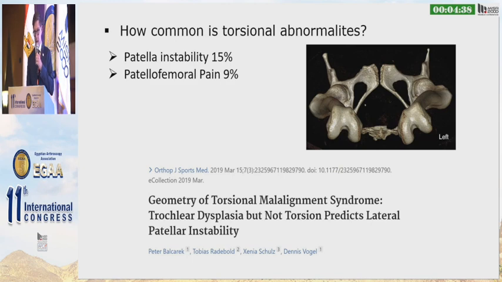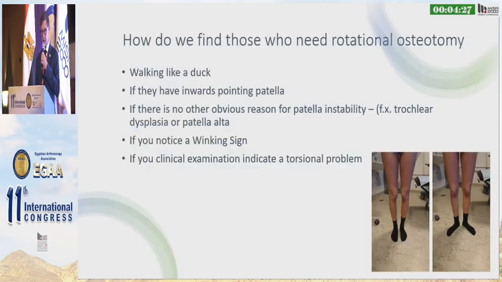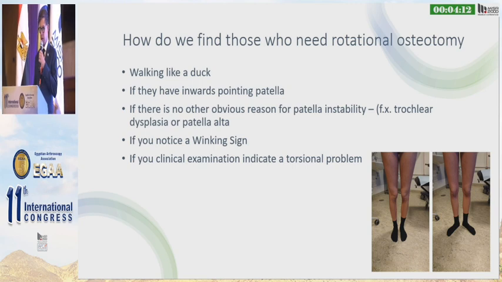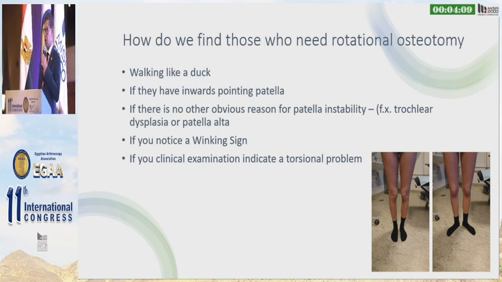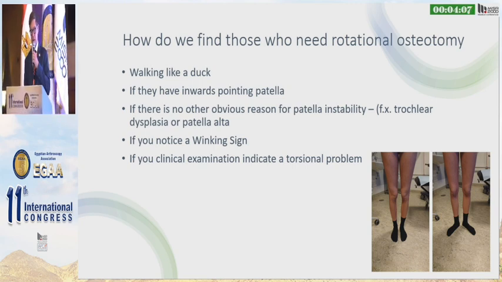So how common are torsional abnormalities? According to this study, it's actually seen in 15% of patellar instabilities. So who will need this rotational osteotomy? I mean, if we see patients like those Vicente showed that they were walking like a dog, and they have clearly inward pointing patella, there is no discussion, they will need derotational osteotomies.